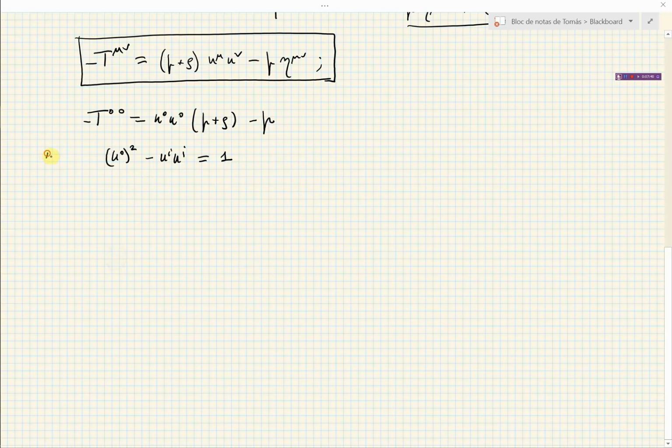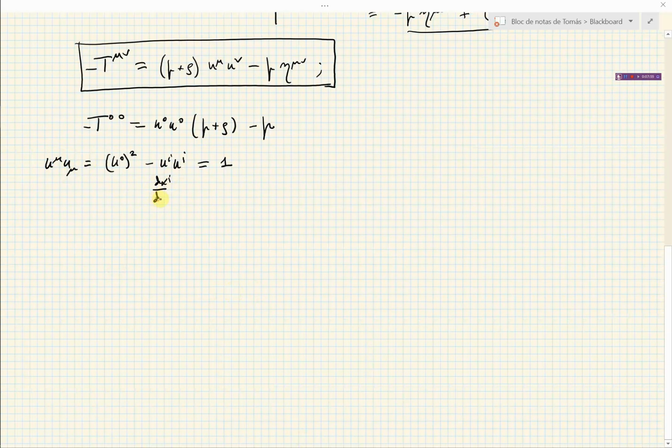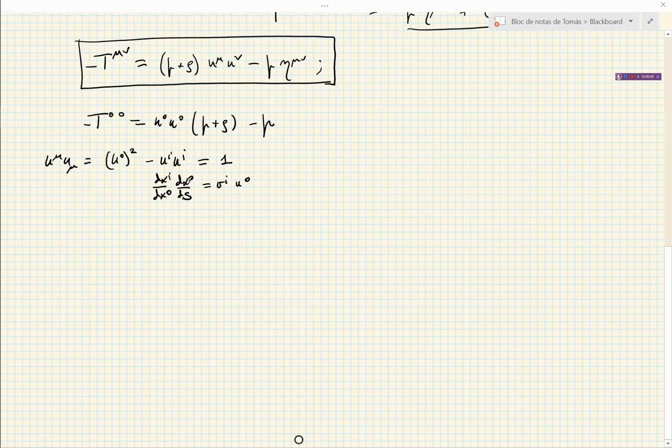So let me say that this is u mu, and this is equal to 1. Now this is dxi over ds, but let me write this as dxi over dx0 times dx0 over ds, which is vi u0 for each of these ui's.